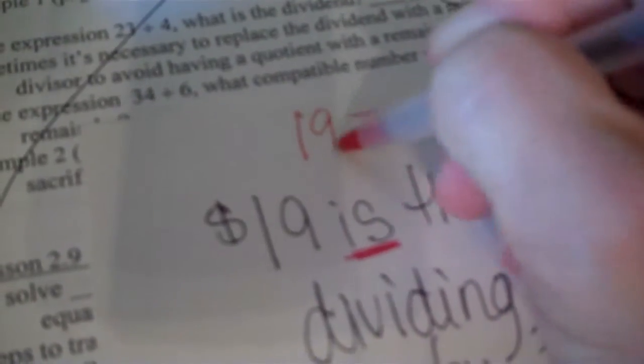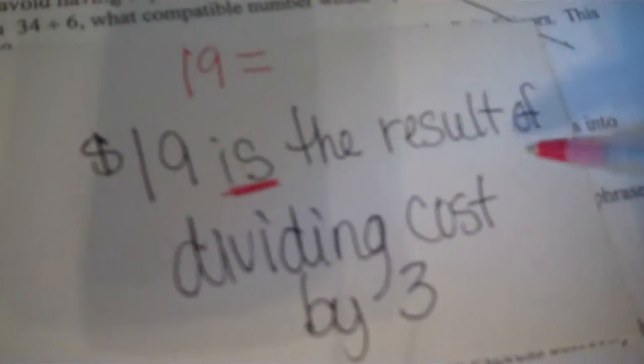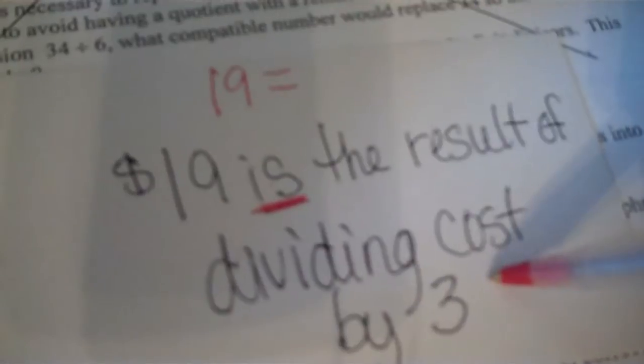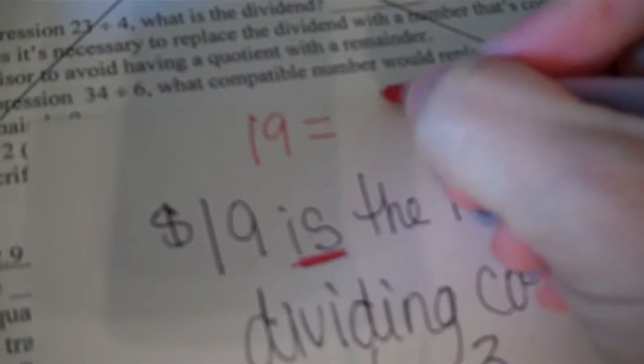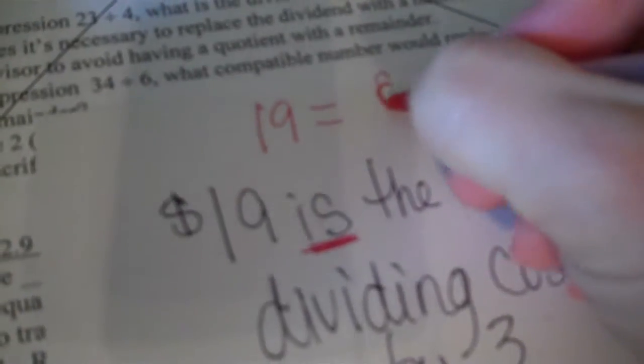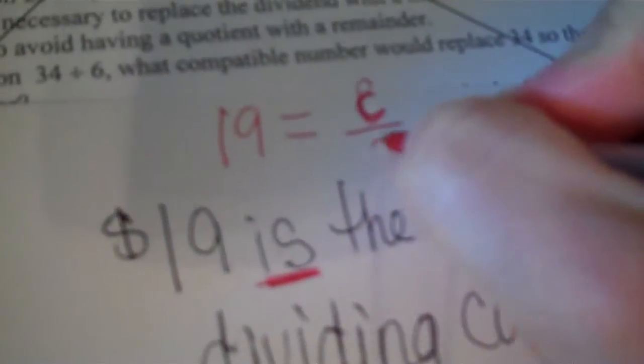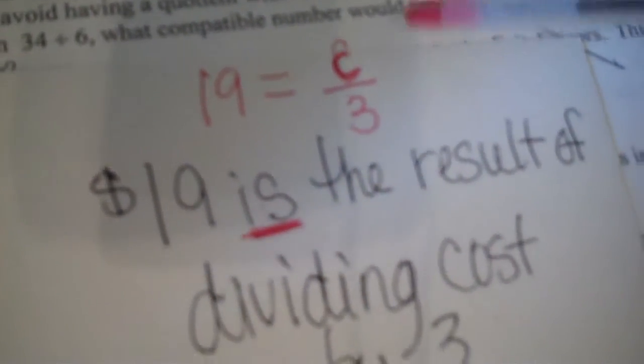I see the word is. That instantly sticks out in my head that I have something equals something else, and 19 comes before it, so 19 is the result of dividing the cost by 3. We don't know what the cost is, so that's going to be our variable. So I'm going to say the cost of the tennis racket, I'll call that C, divided by 3. Okay? So I have the cost divided by 3 is 19.